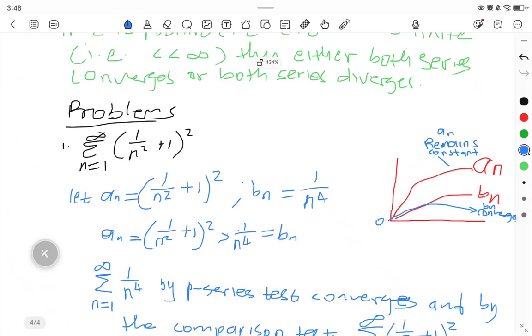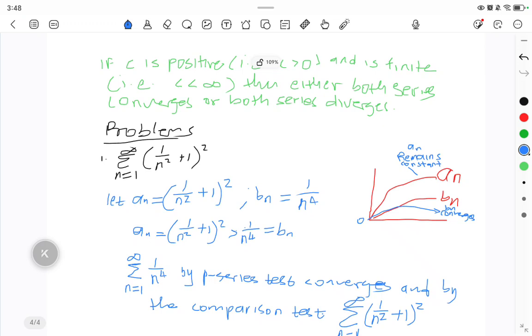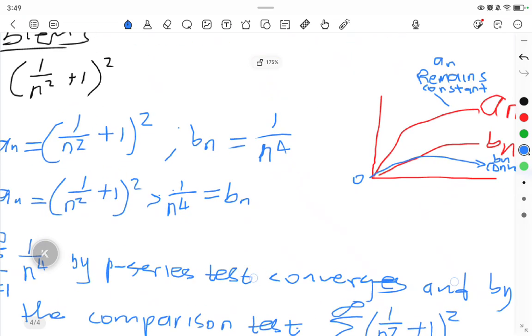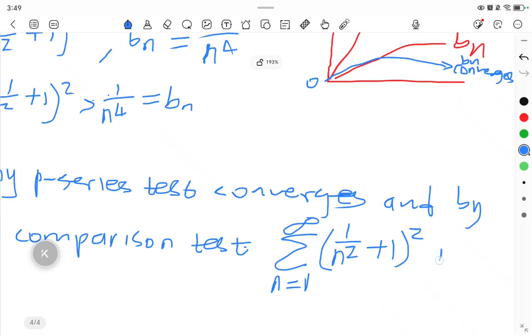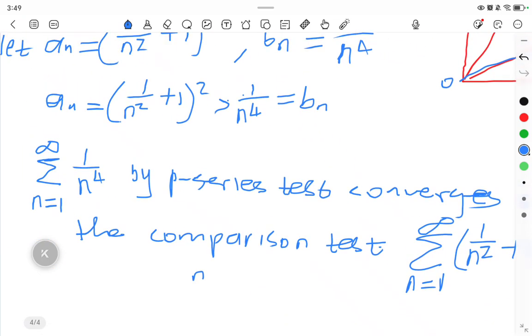When Bn converges, An doesn't move because it's on top. It's not affected. So it is inconclusive. Then, by the comparison test, this is inconclusive.